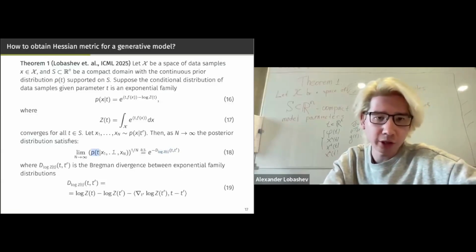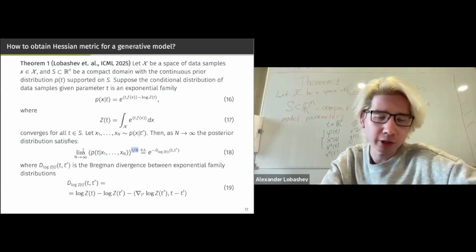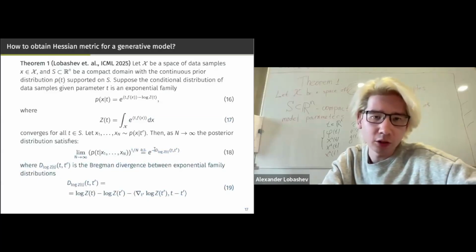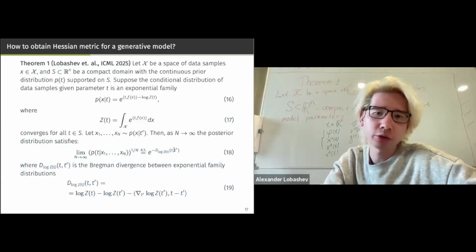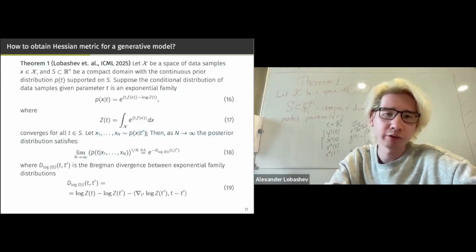If we take our probability distribution on the space of parameters conditioned on these input samples, take the power 1 over n of it, and take the limit, then it will be e to the minus Bregman divergence, evaluated at points t, the parameter on which we measure our density, and t prime, our ground truth samples.